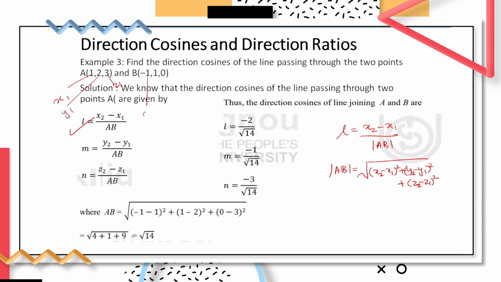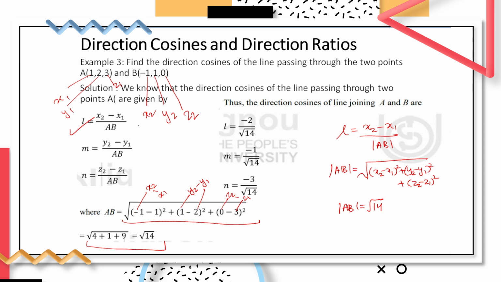Similarly, this is x2, this is y2 and this is z2. So, this is x2 minus x1, this is y2 minus y1, wherein y1 is this. This is z2 minus z1, where z1 is 3. So, solving this expression, you get that magnitude of AB turns out to be square root of 14.